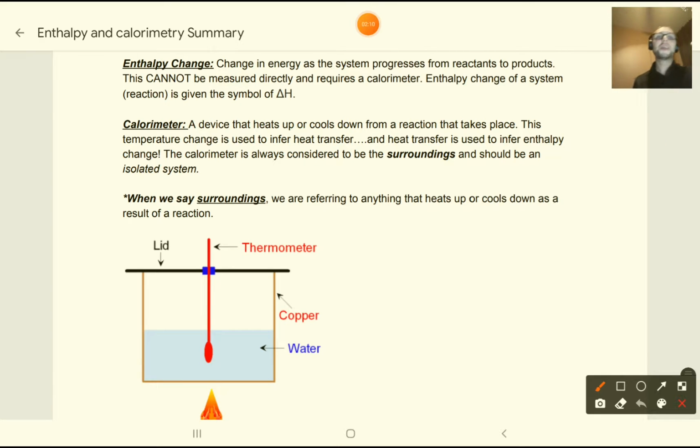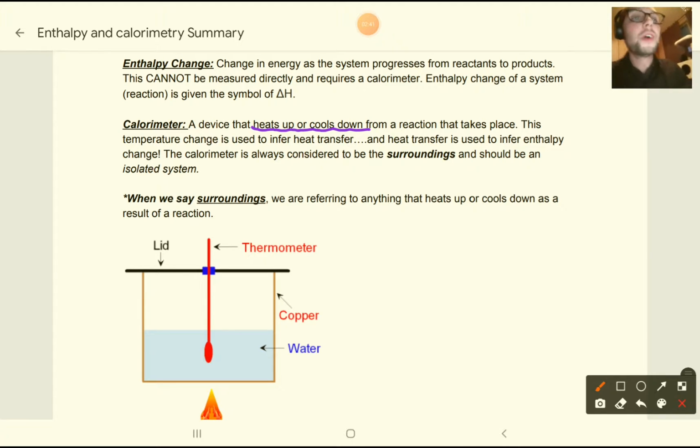Because we cannot measure enthalpy change directly, we're going to use something called a calorimeter to help us measure the potential energy loss or gain as it went through a chemical reaction. Now, a calorimeter could be anything. It's a word that could describe a whole bunch of things that look different, but their function is generally the same. When we say calorimeter, we're just talking about any device that'll change in temperature, so it heats up or cools down from a reaction that takes place.